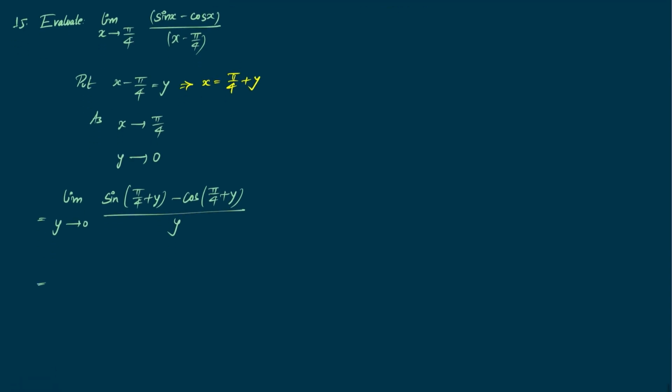So let us simplify the numerator. Now here in the numerator this is in the form of sin a plus b, and from trigonometry we should know the value of sin a plus b, and this portion is in the form of cos a plus b. So first let me write those two formulas which we need here. In place of a I have pi by 4 and in place of b I have y.